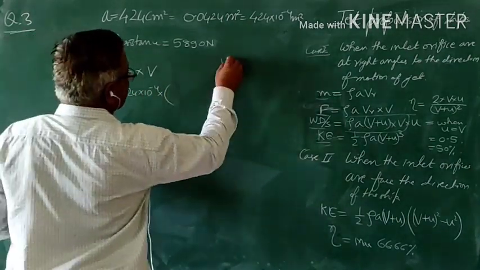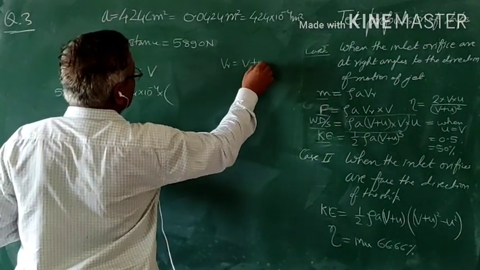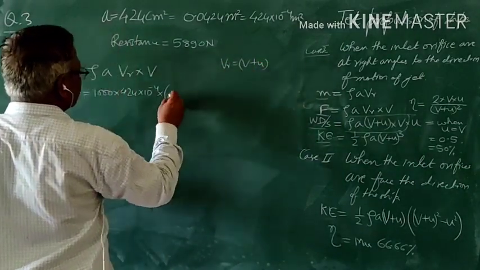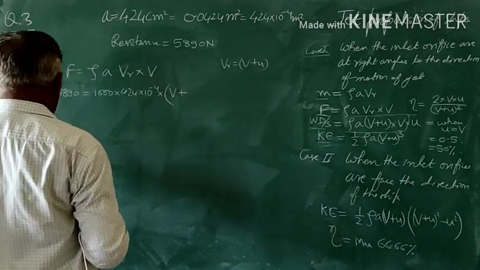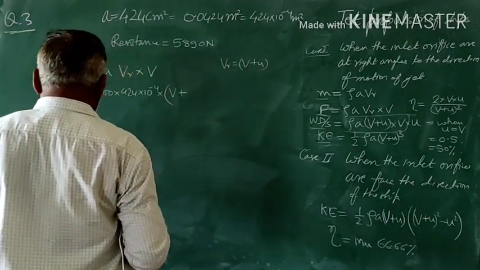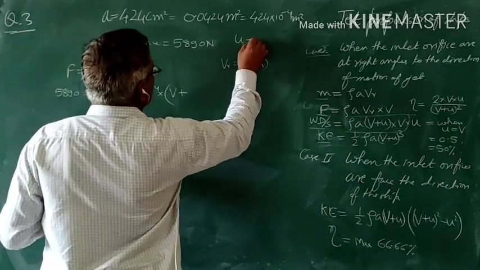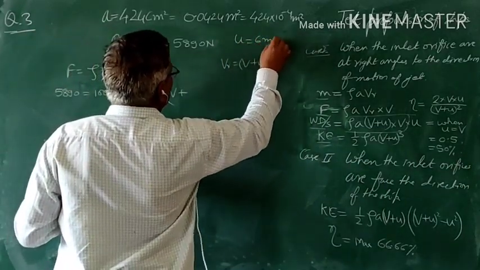VR is nothing but V plus U. So we'll write here V plus U. U is given in the question as 6 meters per second.